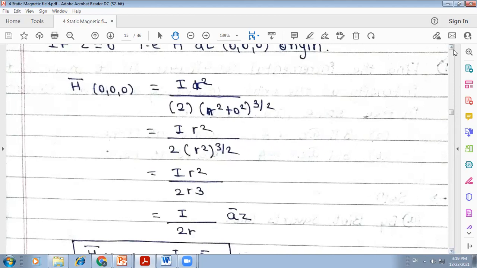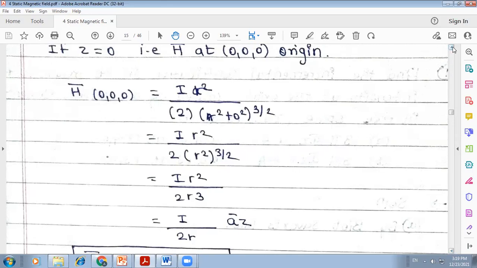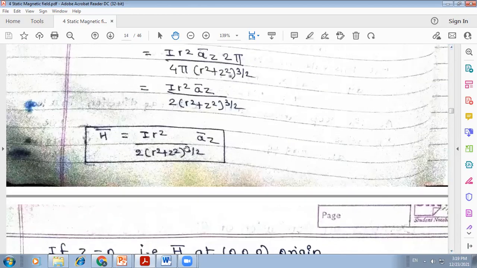Here we are considering z is equal to 0, and all other terms will be as it is, because we are getting this as the final equation.